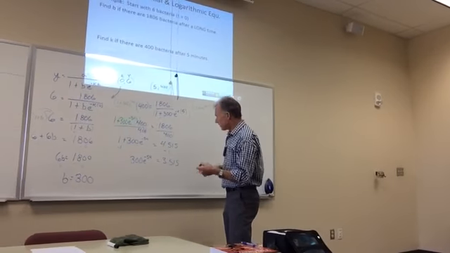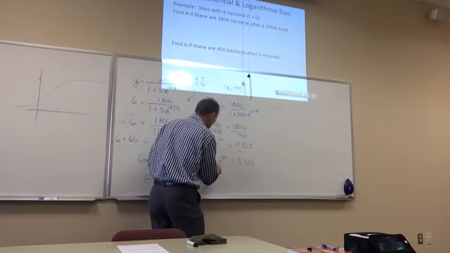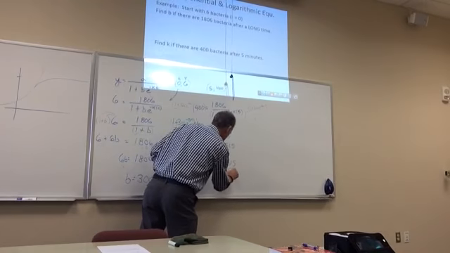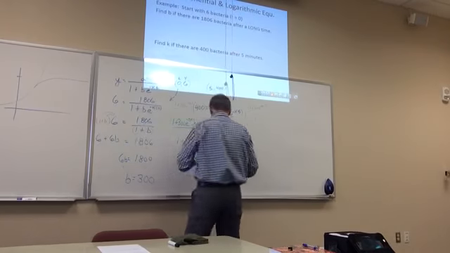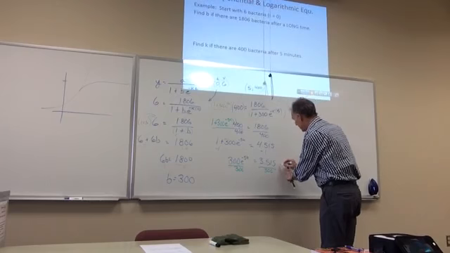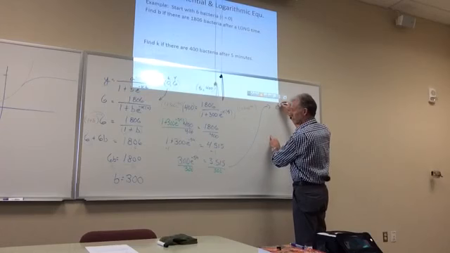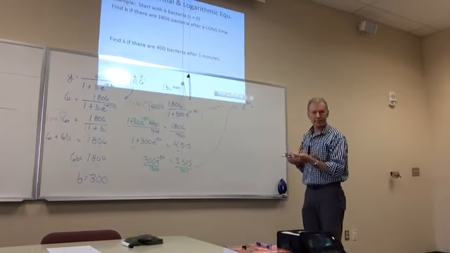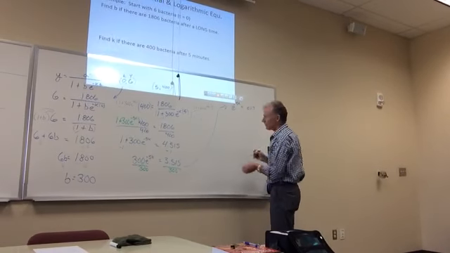Still working? Seems to be. Okay, and now what? Sure, divide by the 300. So that goes away. So let me rewrite it up here. On the left side I have e to the negative 5k equals, and what's that come up to be? 117. Okay, thank you.